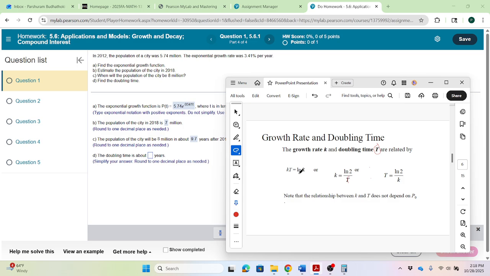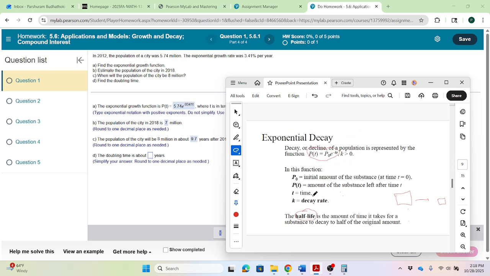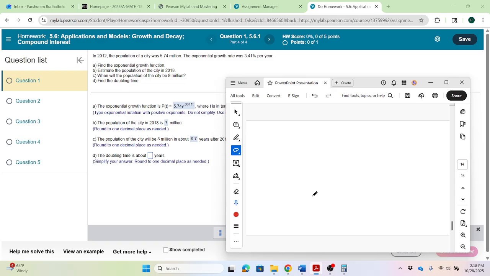So just divide ln 2 by k. Remember, this is the original function, P of t equals P of 0 e to the power k times t. Double is 2 times P of 0, the initial. So this P of 0 and this P of 0 is gone. So ln of 2 divided by k is your doubling time.